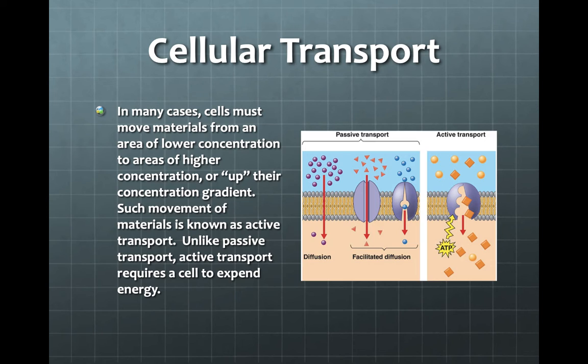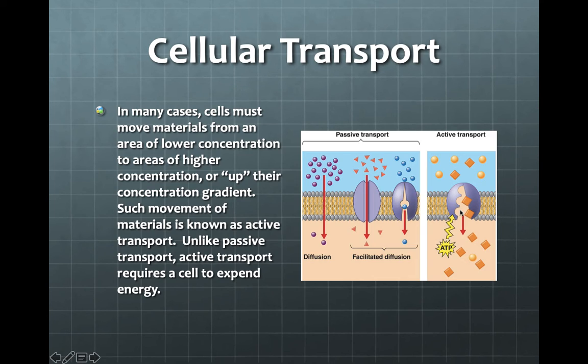So in many cases, cells must move materials from a low concentration to a high concentration, or against the concentration gradient. And such movement is known as active transport. And unlike passive transport, active transport requires energy or ATP.